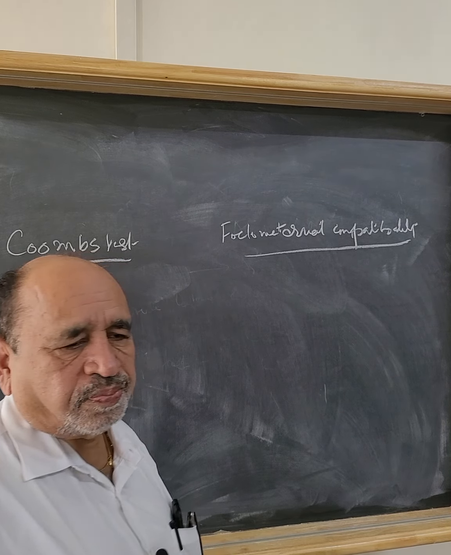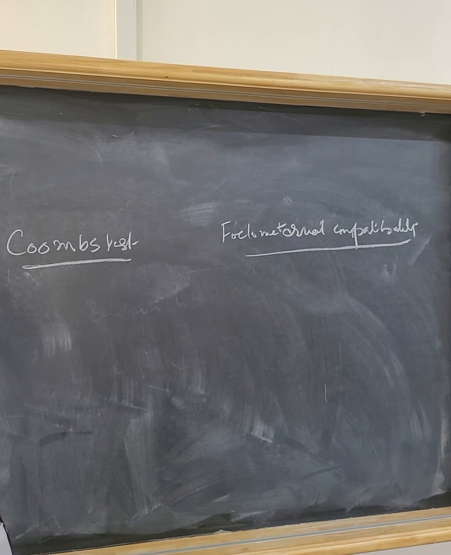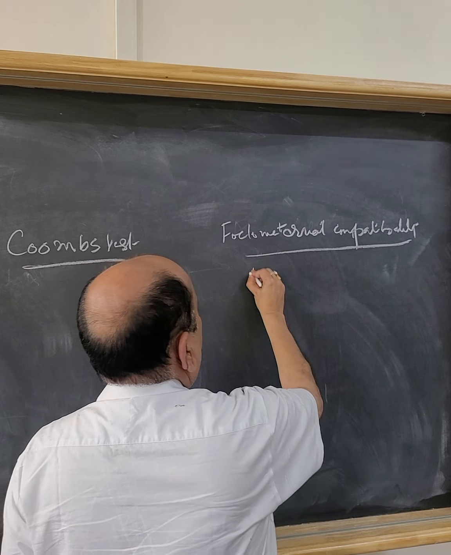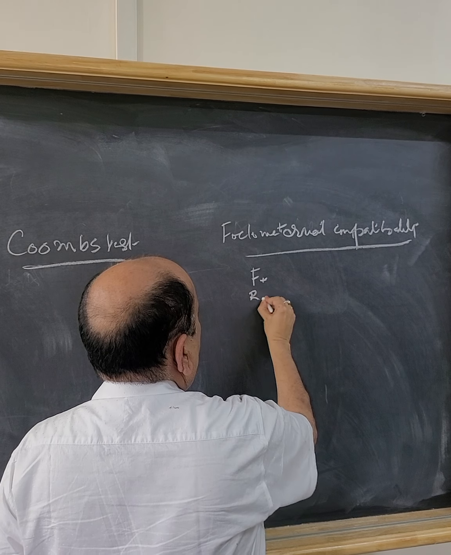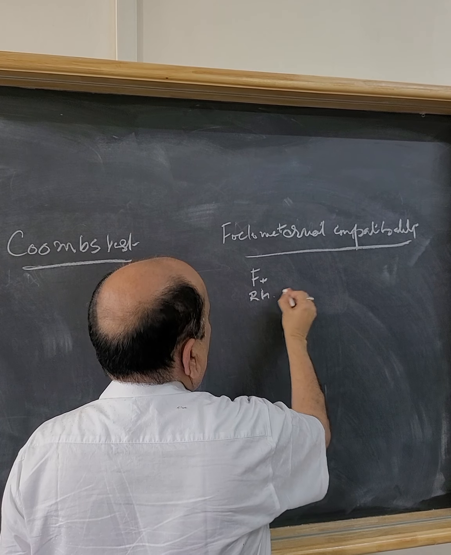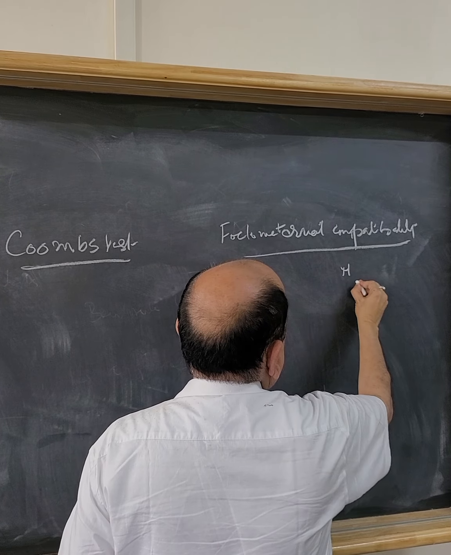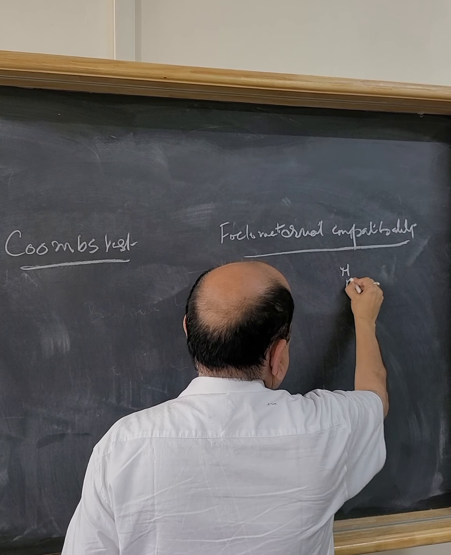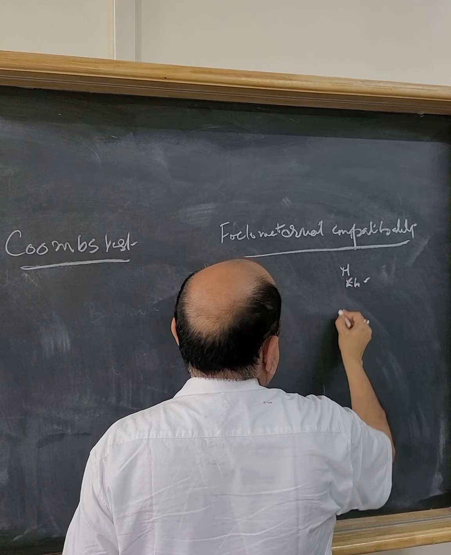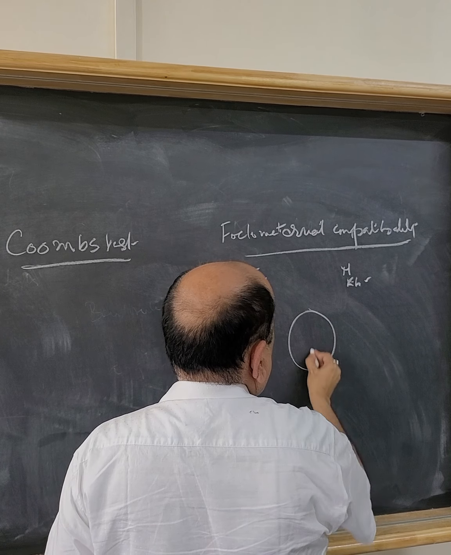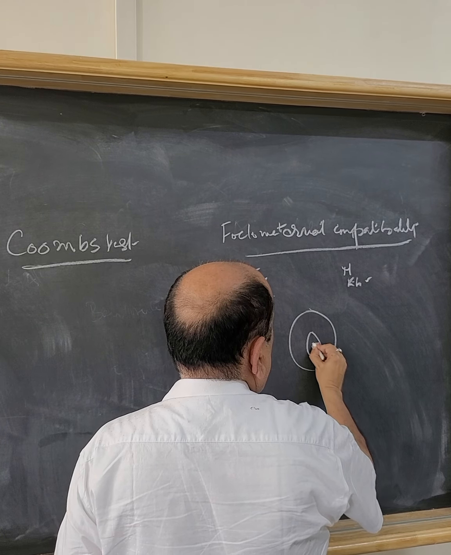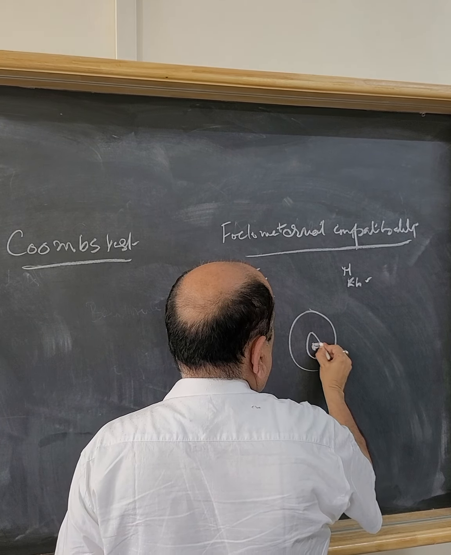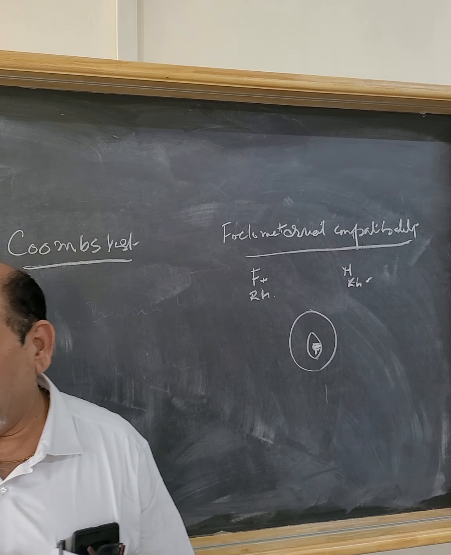For example, if the father is Rh positive and the mother is Rh negative, the first delivery will be uneventful.